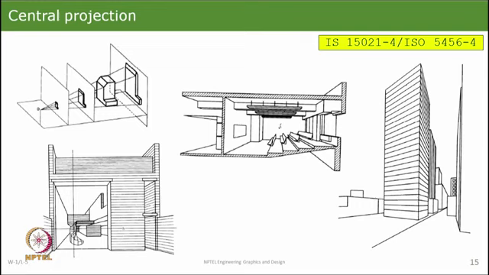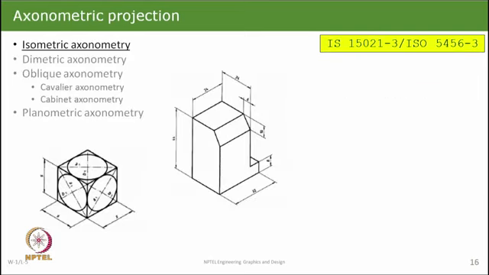That is what the real thing would look like when you look at a building standing on the road. And then there is a 3 point projection also. We will not go into the details of that, but all of this is done here just to show you that something called central projection, which we call perspective drawing, is as per this Indian standard. This is what its limitation is, and this is what its strength is.